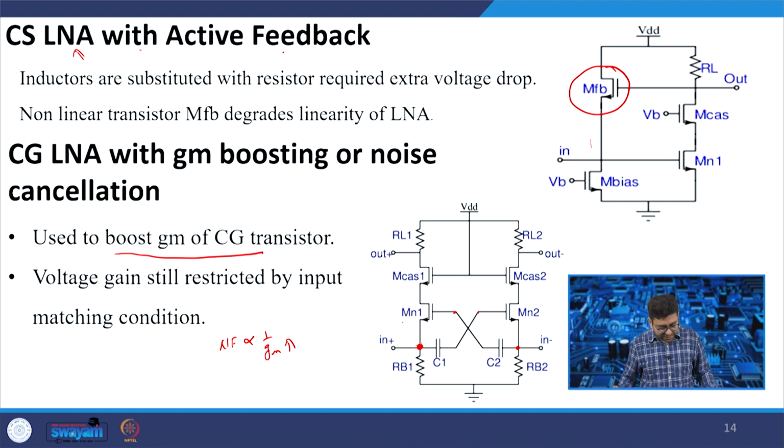But here the voltage gain is still restricted by the input matching condition, because you cannot have Gm more than 20 millisiemens, otherwise we cannot have a 50 ohm impedance matching. So various approaches can be used to make different topologies. You can also design your own topology which will have better performance compared to all that we have discussed.